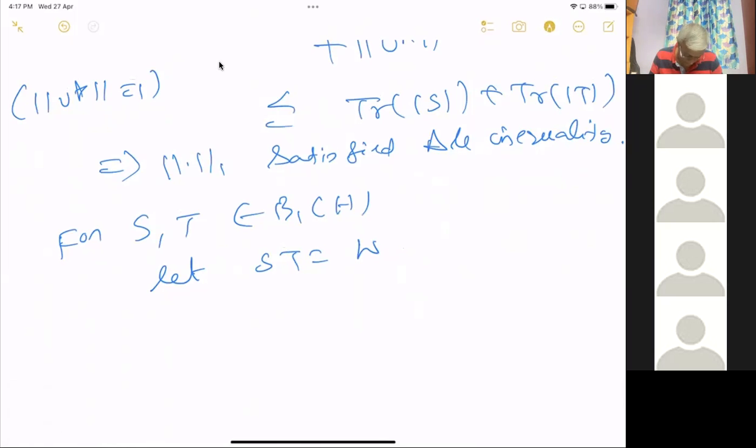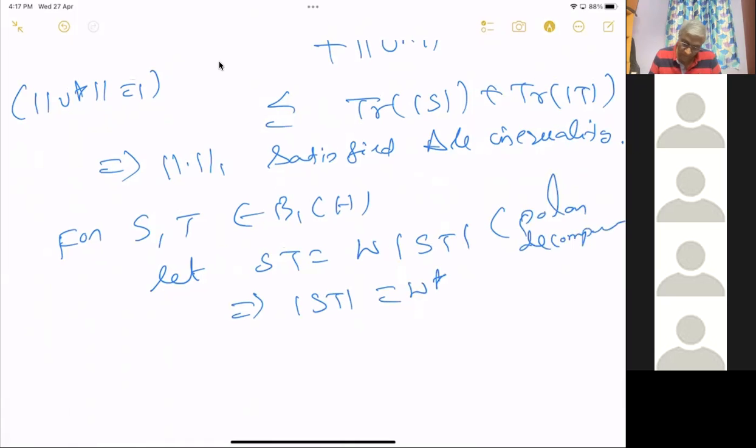I don't know, obsession with star. It is W times mod ST. So ST equals W times mod ST, because I have to get the star here. So this implies mod ST equals W star ST. This is the polar decomposition.